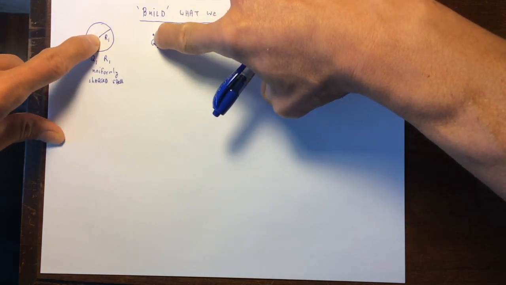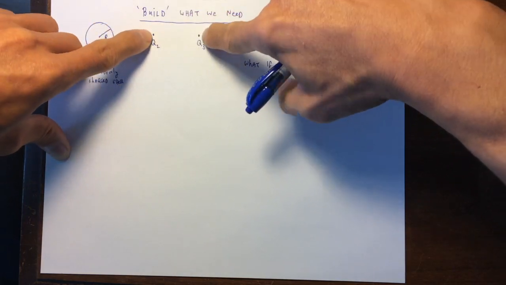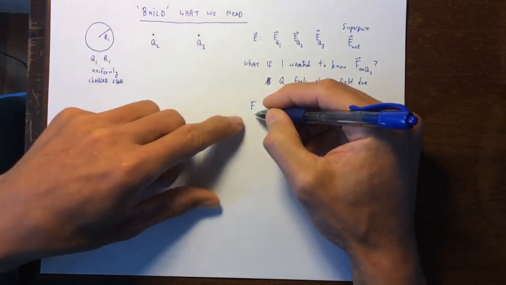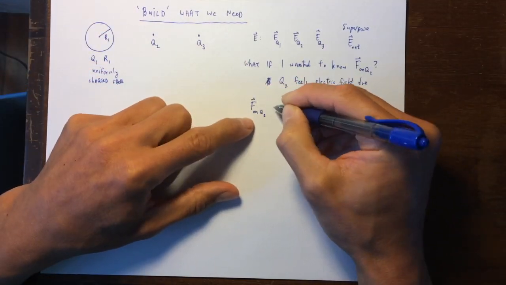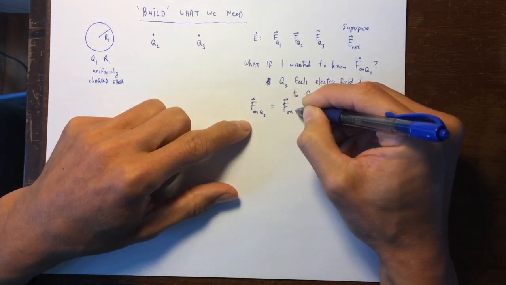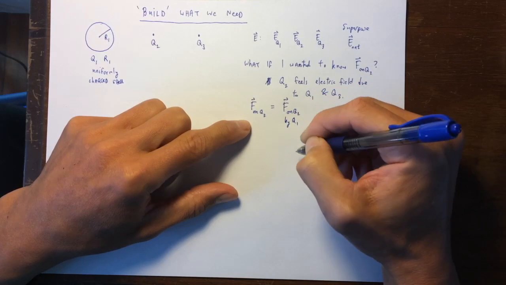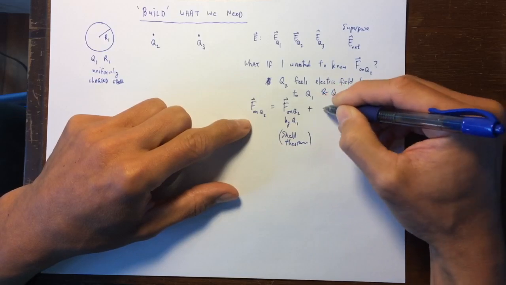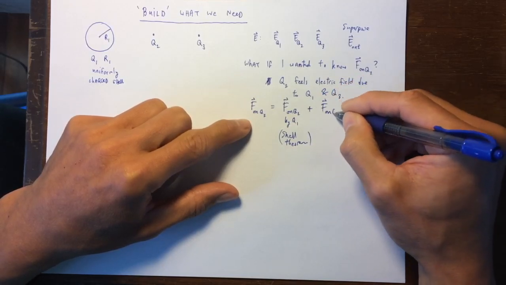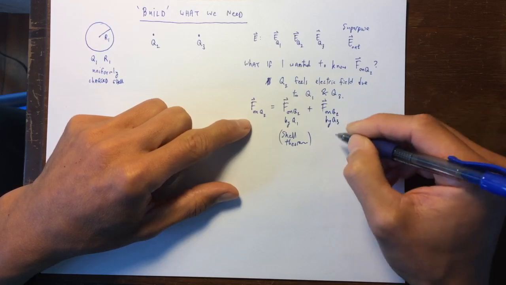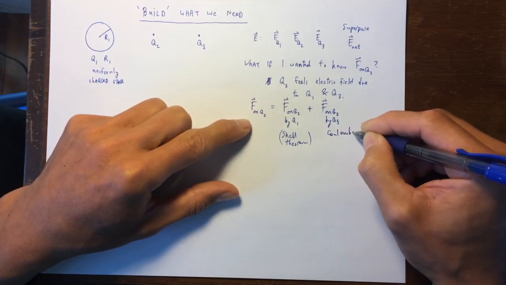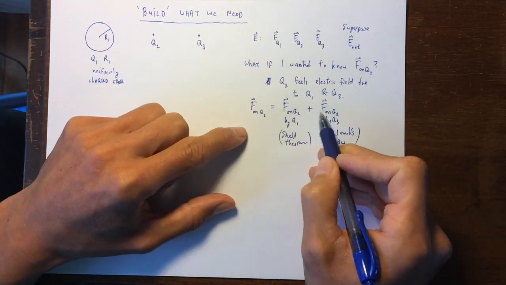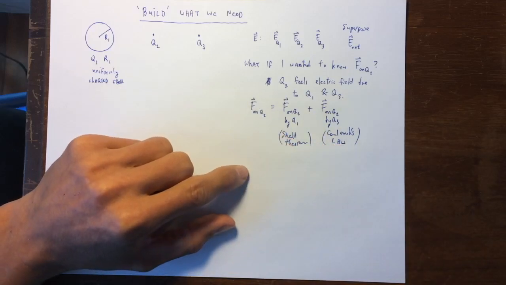You just use the Shell Theorem, and then you'd add to that the vector force on Q2 by Q3. So the force on Q2 is equal to the force on Q2 by Q1, and you'd use the Shell Theorem, and you'd add on to that the force on Q2 by Q3, and this is a simple exercise in Coulomb's law, and then you'd superpose the vector forces to get the net force on Q2.